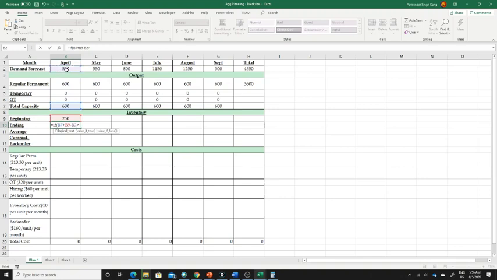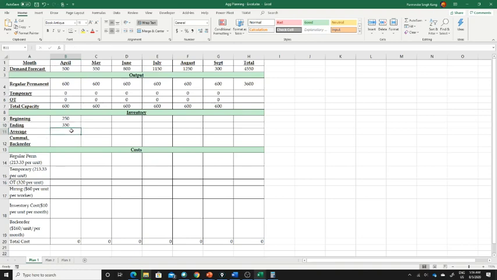If this is greater than or equal to 0, so if we have a positive number or we have 0 inventories, then we want to keep the same value, which is B7 plus B9, which means the capacity plus the beginning inventory minus B2, the forecast, right? Otherwise, if we have a negative number, let's say minus 350, minus 250, we want to have 0 for the ending inventory, right? So in this case, the ending inventory is positive.